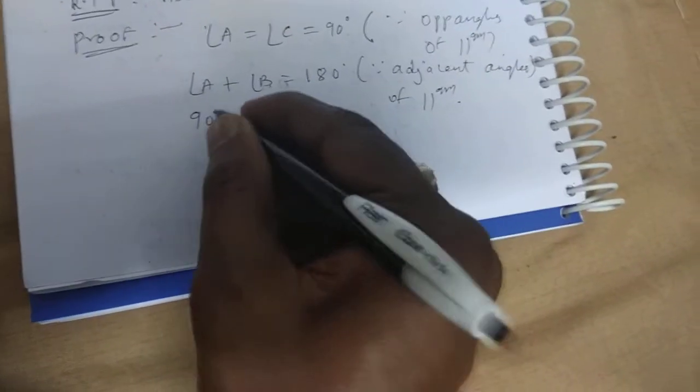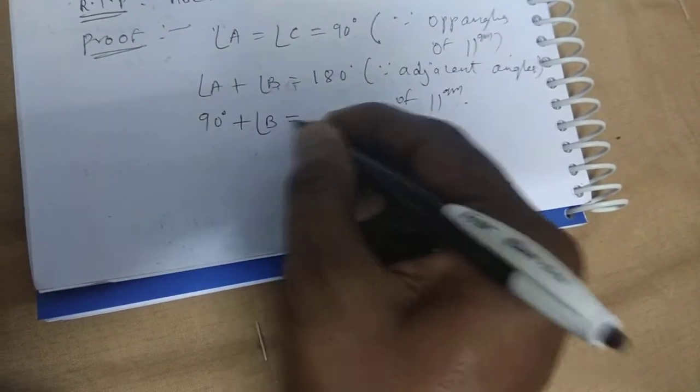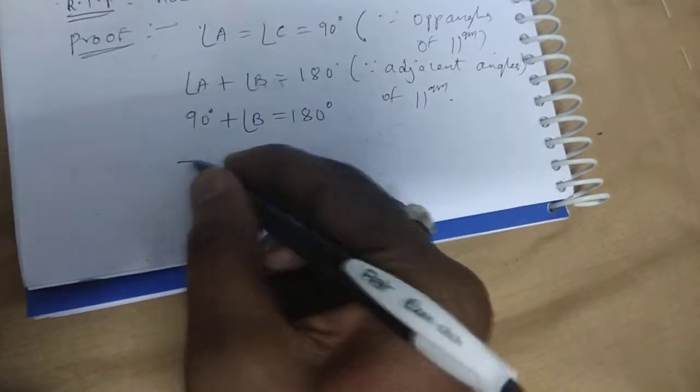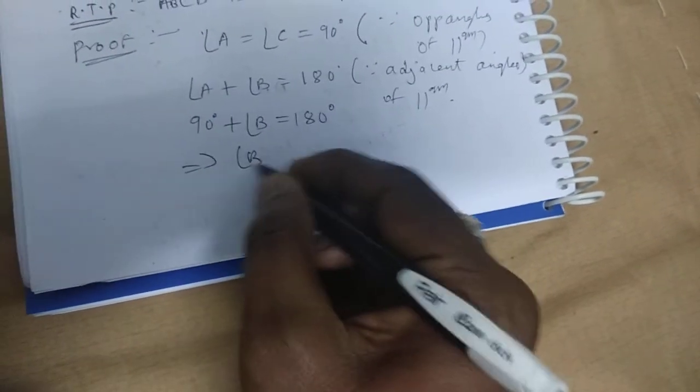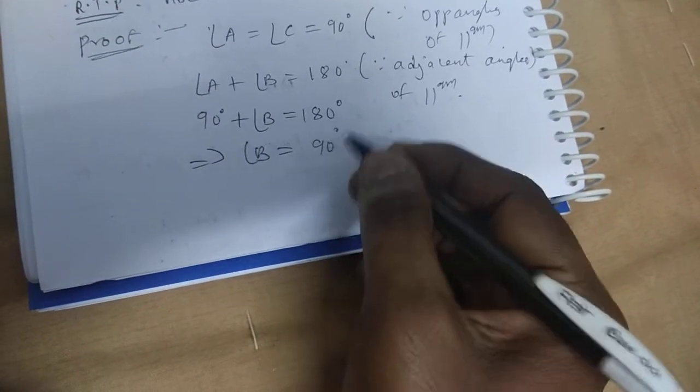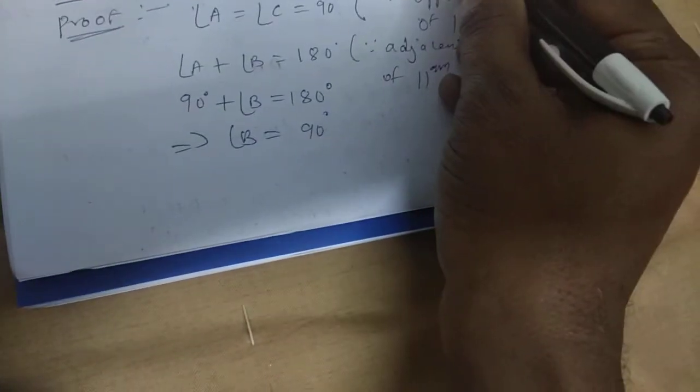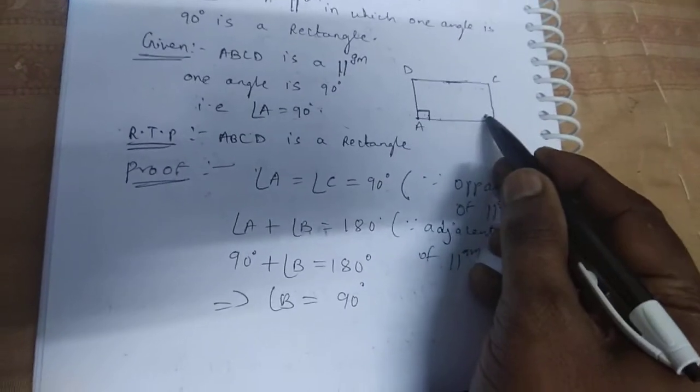Already angle A is 90, so 90 plus angle B is equal to 180. So if 90 goes to the other side, angle B is equal to 90 degrees. So angle B is also 90.